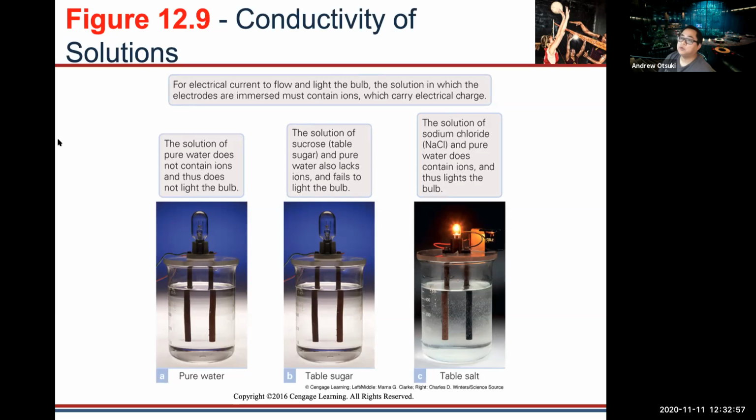Table sugar will dissolve in water, but unfortunately it does not produce ions because table sugar is a molecular compound, so it has covalent bonds and does not produce any ions. So it will fail to conduct and light the bulb.